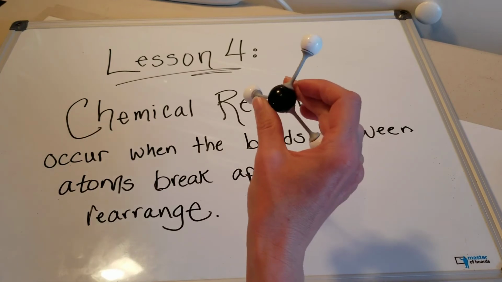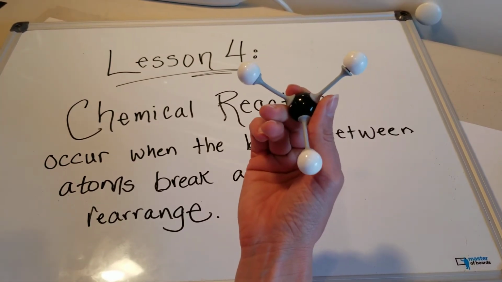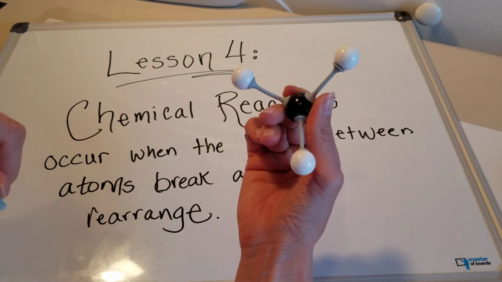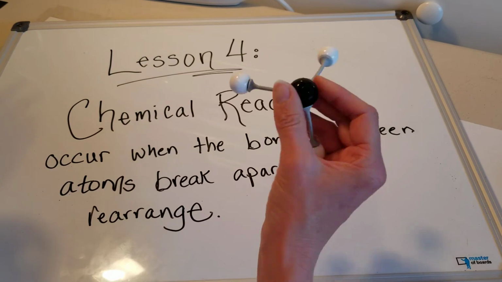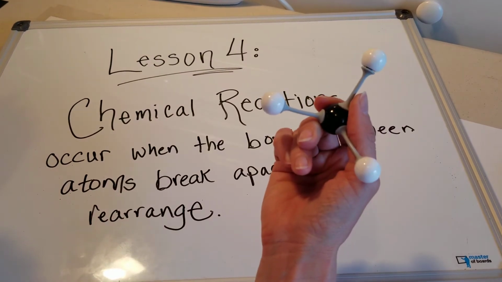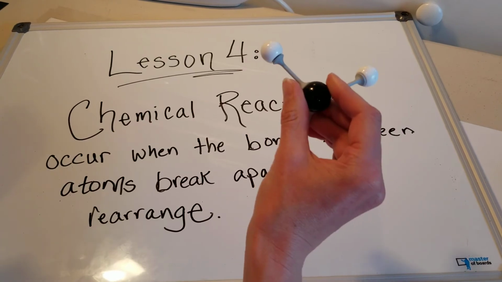So we would be left with something different than what we started with because of the movement of that hydrogen atom. And maybe something takes its place, maybe it doesn't. It just depends on what kind of reaction you have happening there. But we have something different than what we started with.